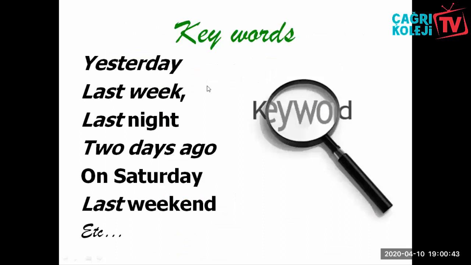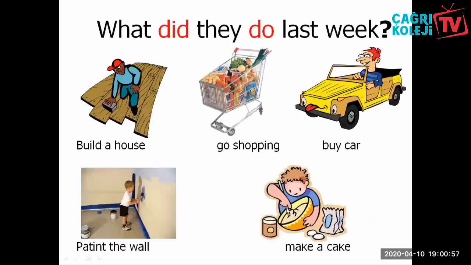Here are time expressions. Yesterday, last week, last night, 2 days ago, on Saturday, last weekend, etc. We use these time expressions with the simple past tense. So look at these pictures. What did they do last week? Not this week, not next week, last week.